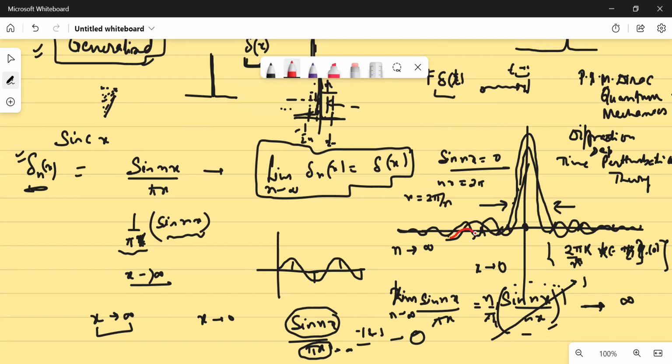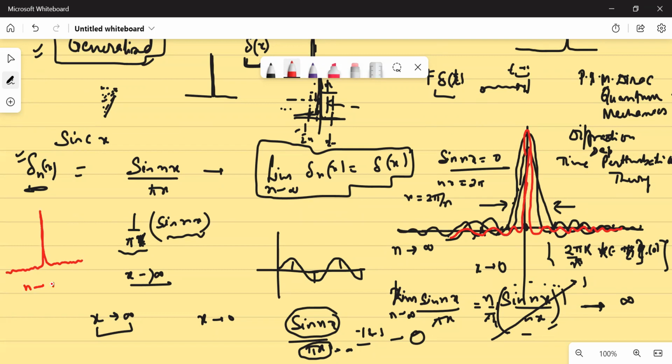What I'm trying to say is that as we take n tends to infinity, these roots, 2 pi k upon n type, will start fading out, and you will have very little oscillations about points which are not close to 0. Basically, all these terms, as you keep on increasing your n, will eventually fade out. So it will look like this kind of behavior, and then you'll have an infinite spike, and then you will have some oscillations.